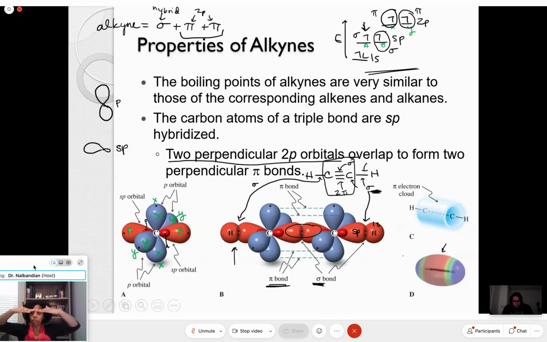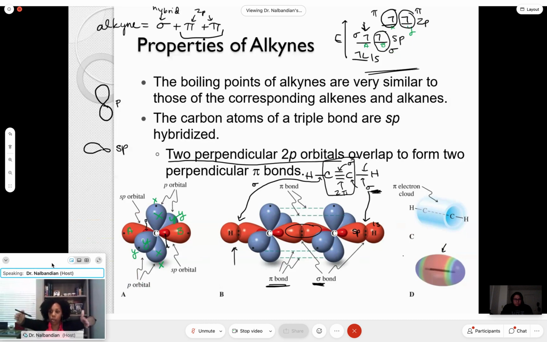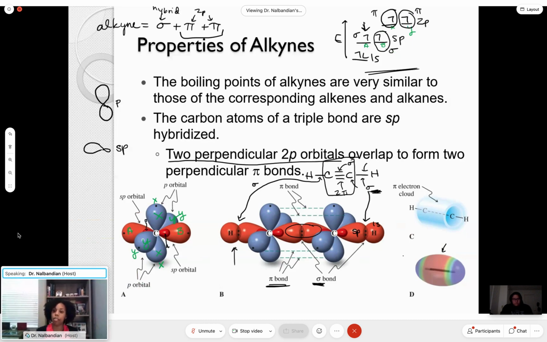Because we have face-to-face overlap in the middle, then straight up and down overlap, and then coming towards you and away from you overlap, we end up with a cylindrical electron cloud. You see over here this pi electron cloud that's a cylinder around that triple bond. Everything's linear though. We get this cylinder of electron density, and you can see that when we look at the electrostatic potential map.